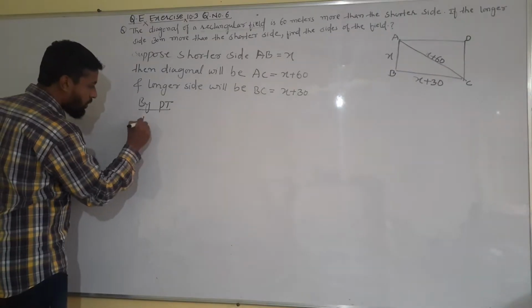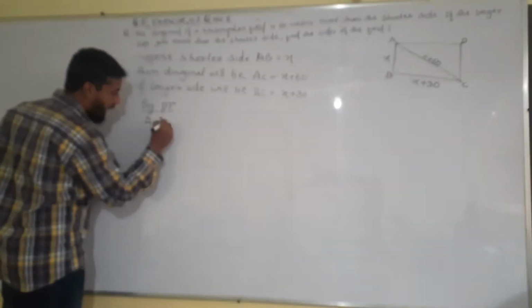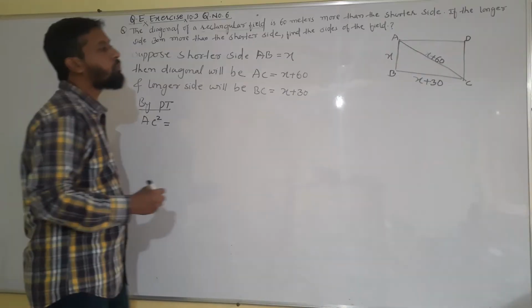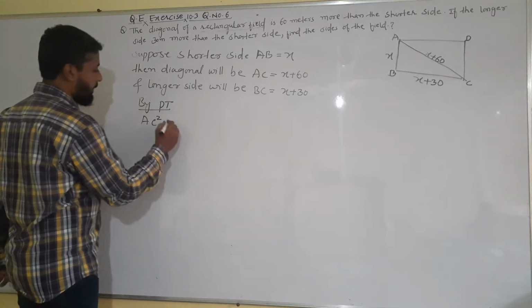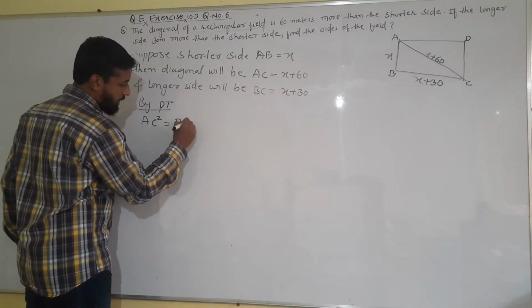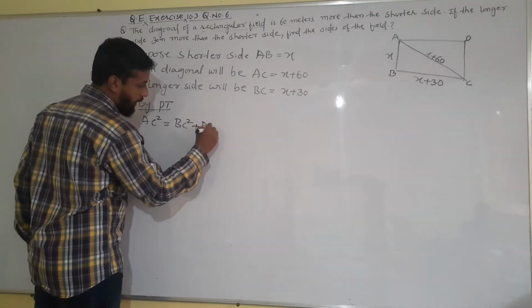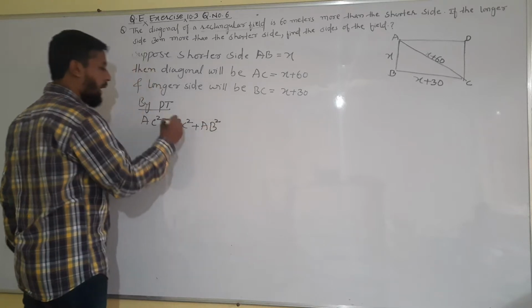Here hypotenuse is AC. So AC square is equal to BC square plus AB square. You can write AB square plus BC square also. Keep in mind, hypotenuse square is equal to sum of the squares of other sides.